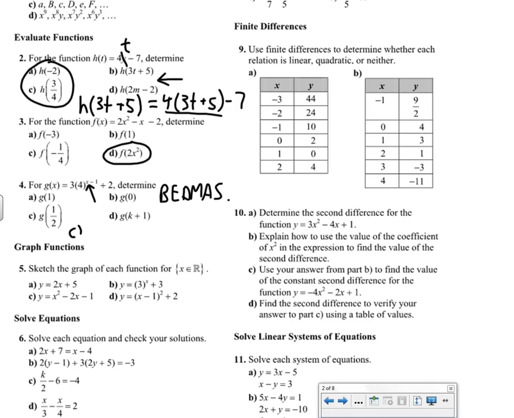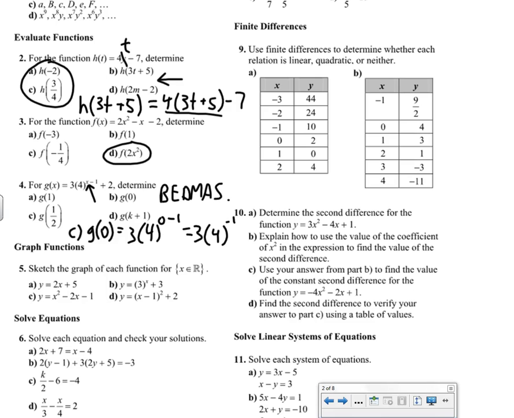So for C, we're putting in 0. This one's fairly straightforward. Nope. We just correct that. 4 is our base, and we end up with an exponent of -1.